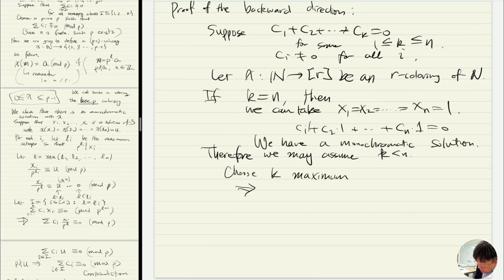So then we may assume the remaining sum, c(k+1) plus c(k+2) and so on, is non-zero. Okay?